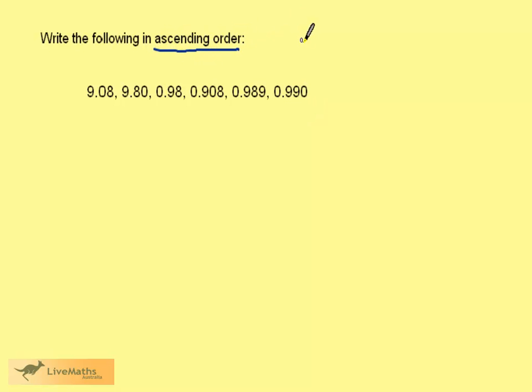Ascending order means that we're going to order them starting with the smallest and going upwards to the largest. The first thing we need to compare are the units columns. 9.08 has a 9 in the units column, as does 9.80.